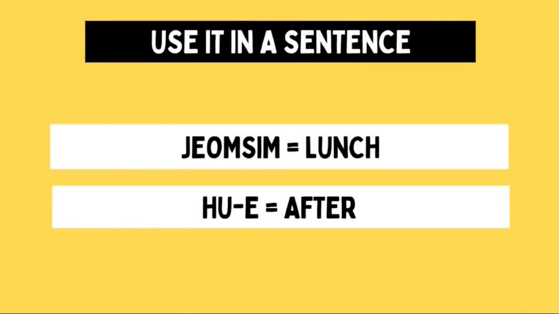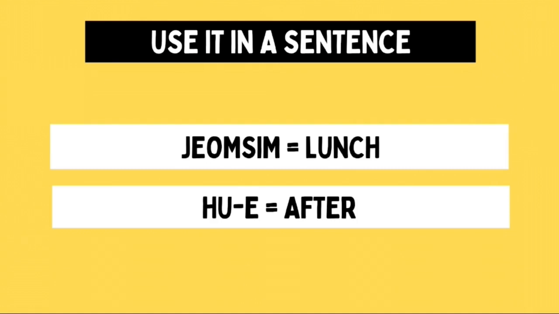On our previous video, we already mentioned about 점심, which means lunch. And last time we used chone, which means before. And this time we are using 후에, which means after. Take note that e is added to hu as a particle to indicate that this is a reference of time. So, 점심 후에 means after lunch.